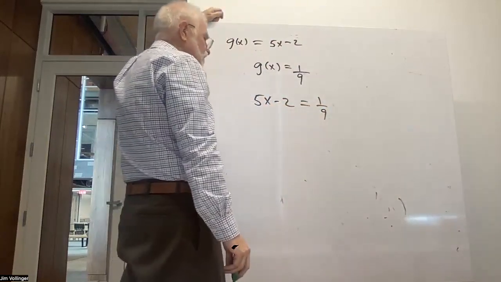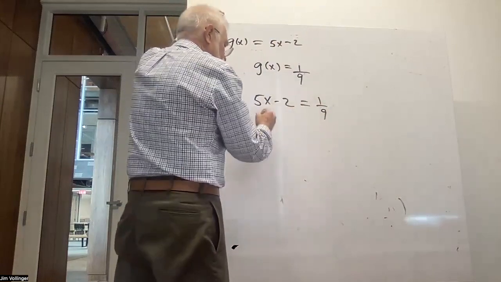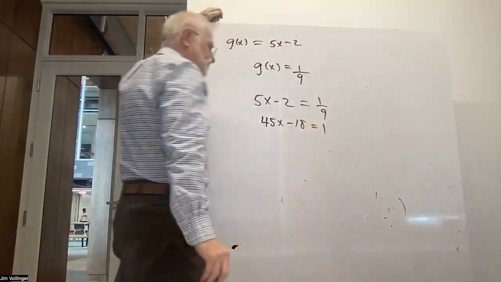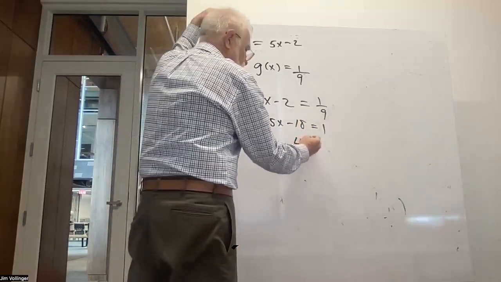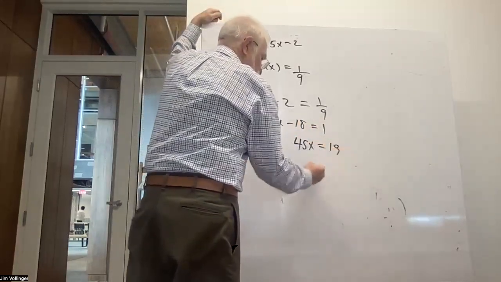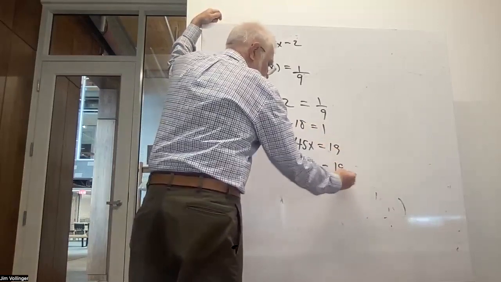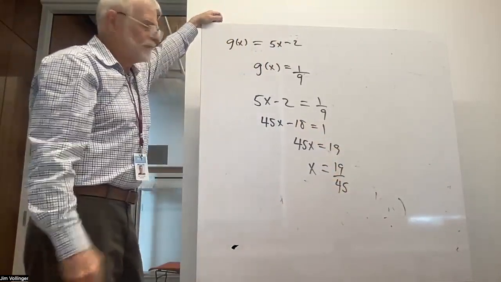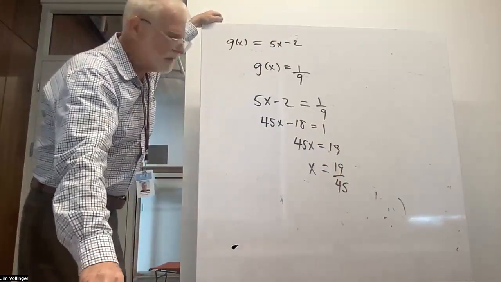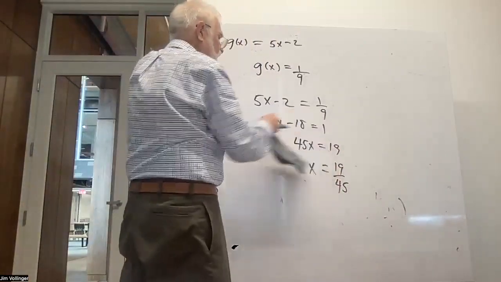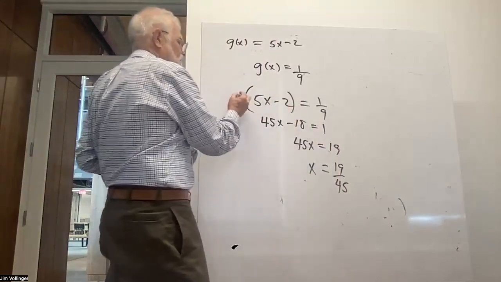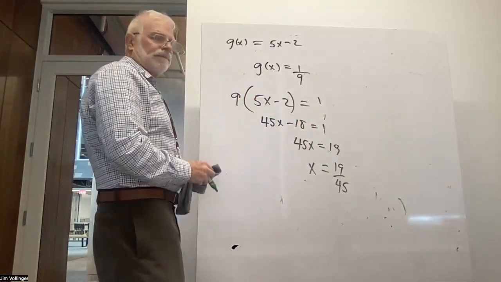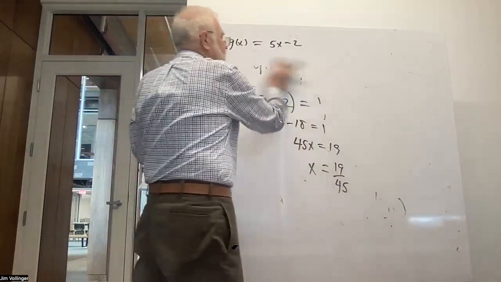I strongly suggest you multiply everything by 9. 45x minus 18 equals 1. I don't like fractions. I can see 45x equals 19. I can see my x value is 19 over 45. A little trick of the trade: stay away from fractions, get rid of them. So division by 9 on this side is the same as multiplication by 9 on that. That's what I did. All right.